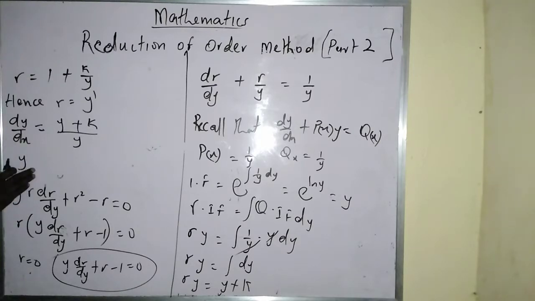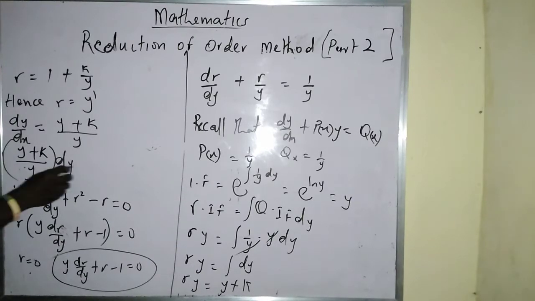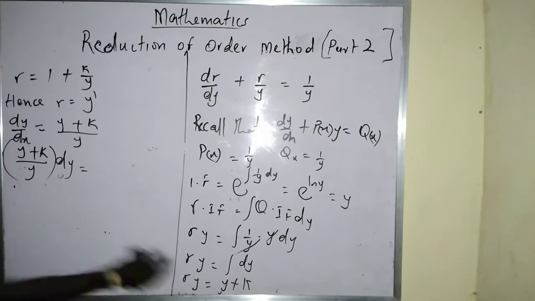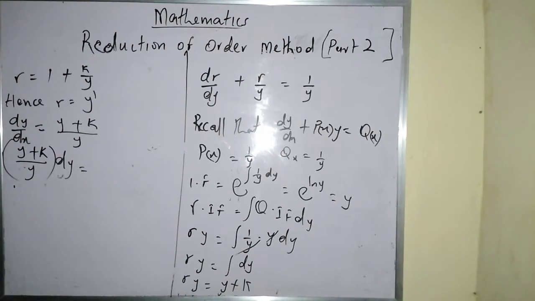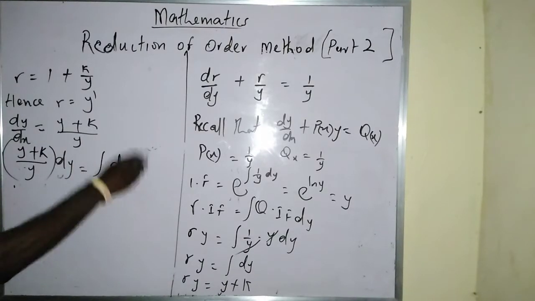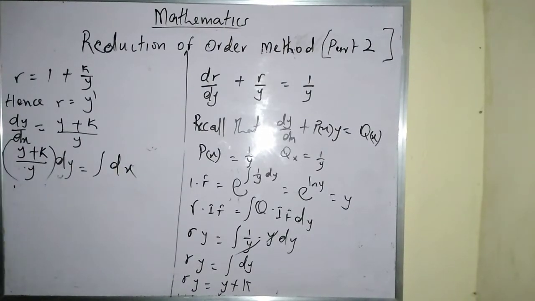I'll be having y plus k divided by y, dy, equals, sorry, it's getting more interesting now, equals the integral of dx. This is a constant, there won't be any issue.